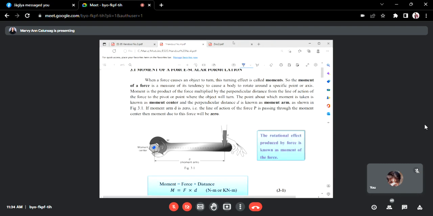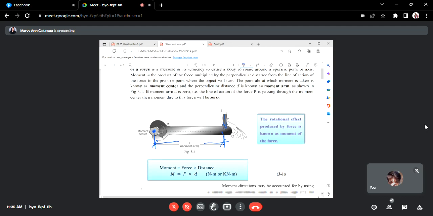So ang atoa aning force class is pa down man naon siya. Mo exert kag F force pa down. So pila man kuno ang perpendicular distance nimo from the line of action of the force to the moment center. So mao na siya ang atong D, the moment arm.